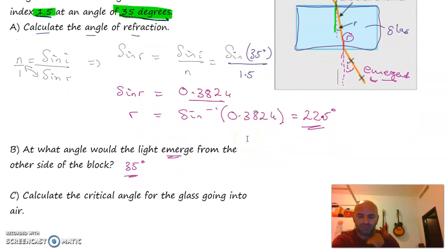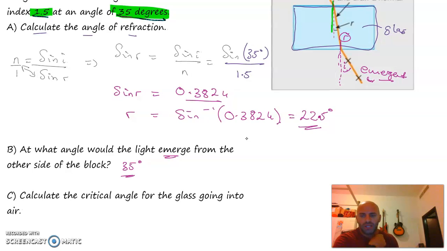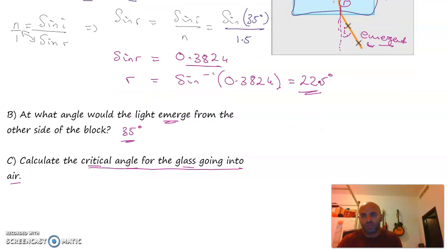The last part of the question that I decided to add was to calculate the critical angle for the light going from the glass into air. In order to calculate the critical angle, you're going to use the same formula actually, it just looks slightly different.